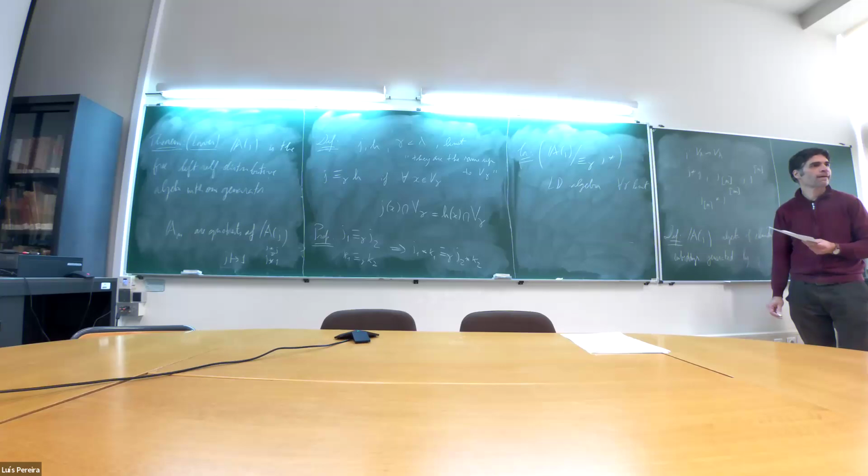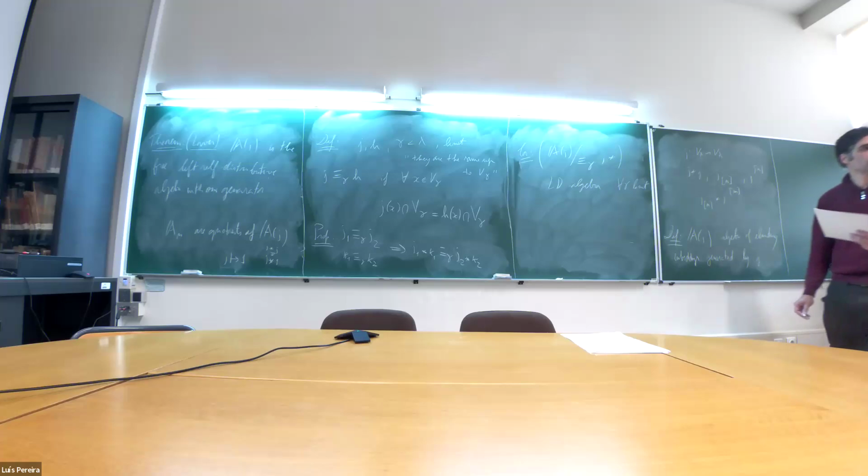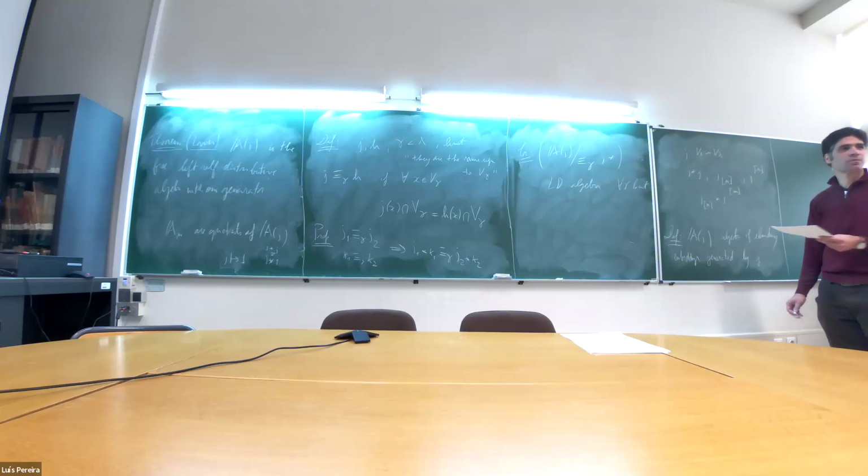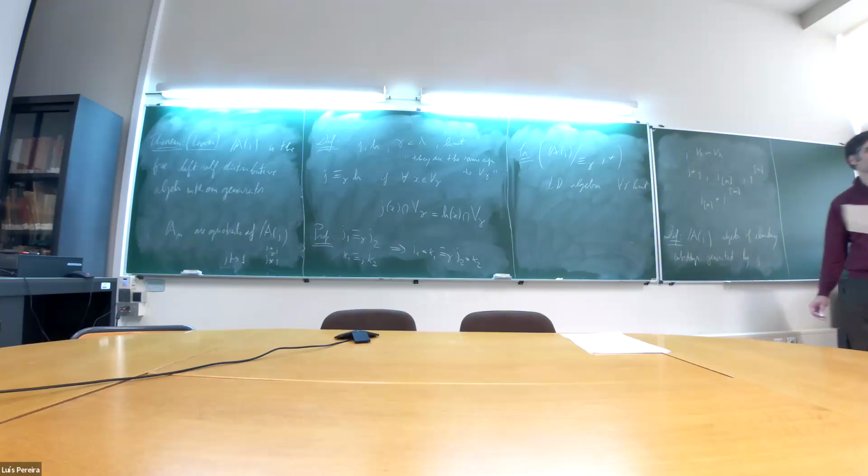Gamma has to be a limit. This is only for limit gamma. Probably also for other gamma, but we don't lose anything if we just restrict to gamma limit, because you're going for finite things.